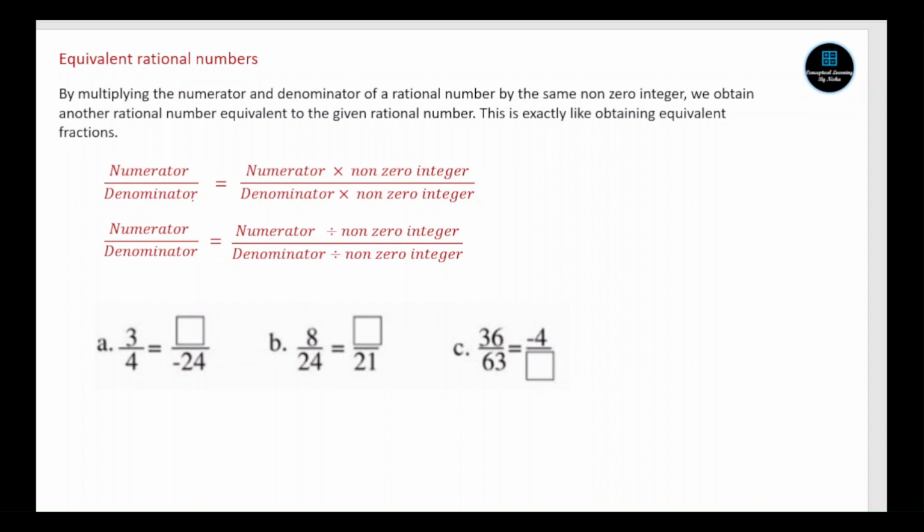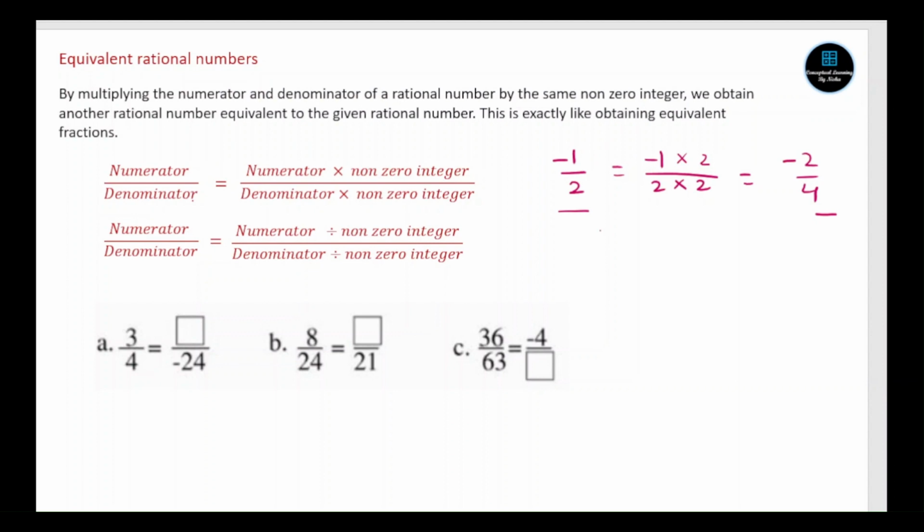Let's understand with one example. Let's say I have the rational number minus 1 upon 2. Now I want to find an equivalent rational number. If I multiply both of them by 2, what do we get? Yes, minus 2 upon 4, right? So these are equivalent rational numbers.